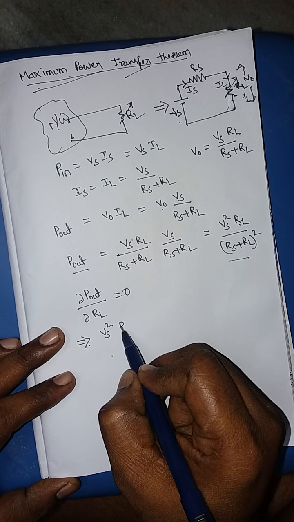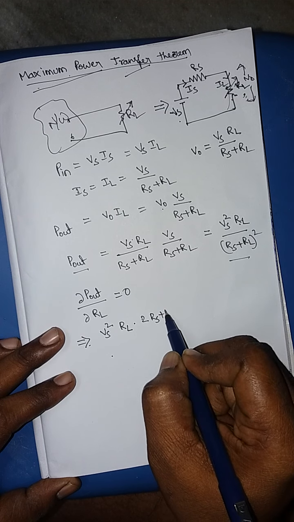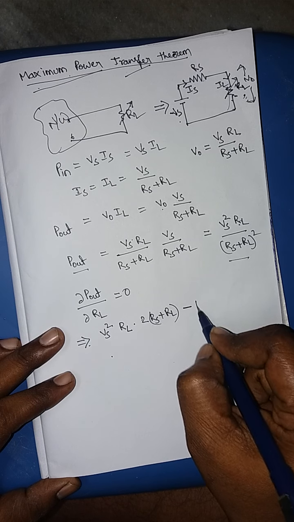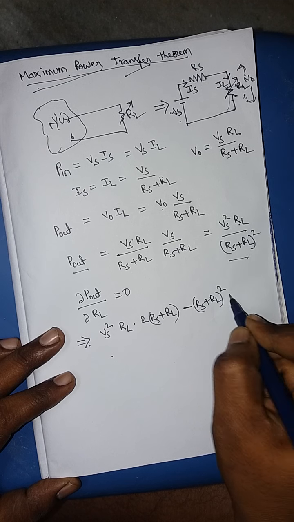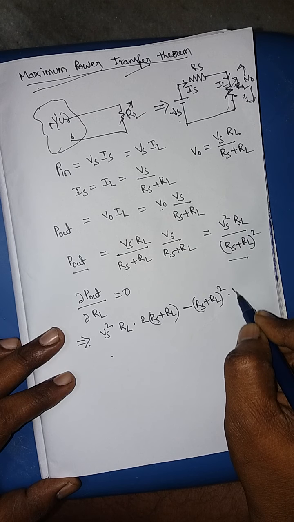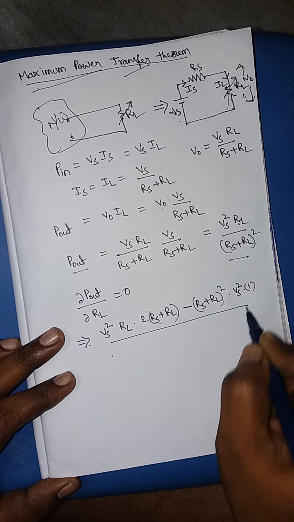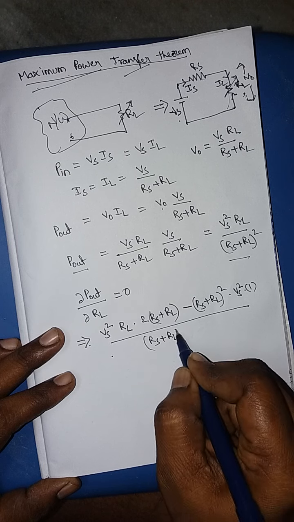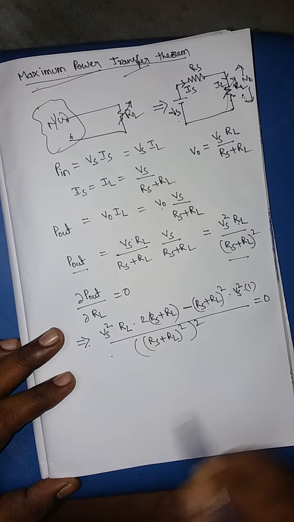So we get RL into 2 into Rs plus RL minus Rs plus RL whole square into Vs square into 1, divided by Rs plus RL whole square. This is equal to 0.